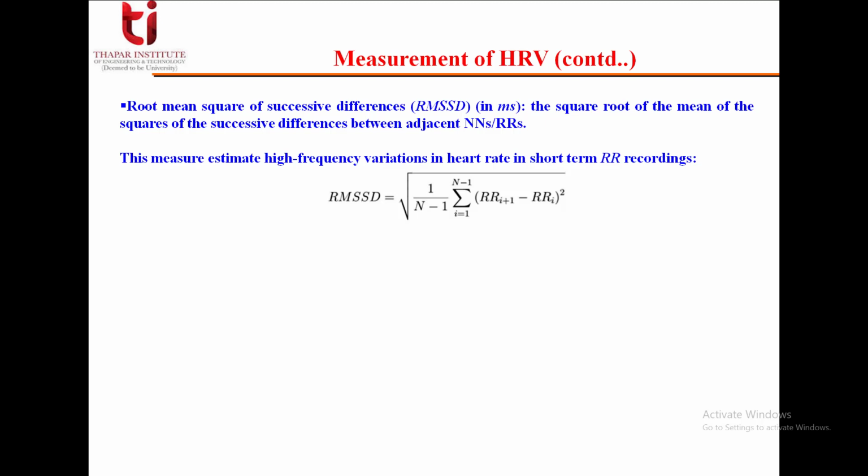It is calculated as you can see in this formula: RMSSD is square root of 1 by n minus 1, summation i running from 1 to n minus 1, of RRi plus 1 minus RRi, whole square. So this is the RMSSD calculation.